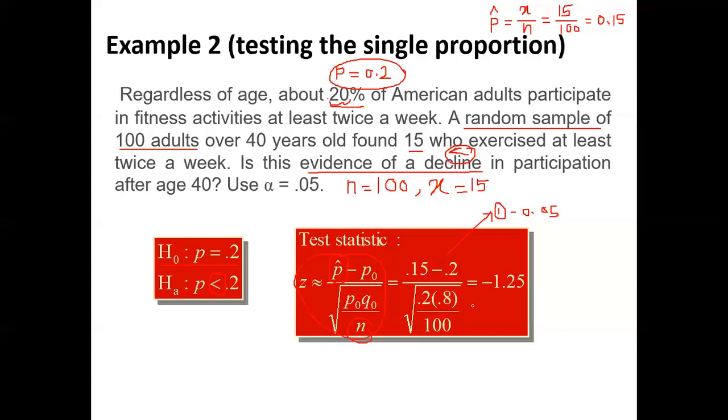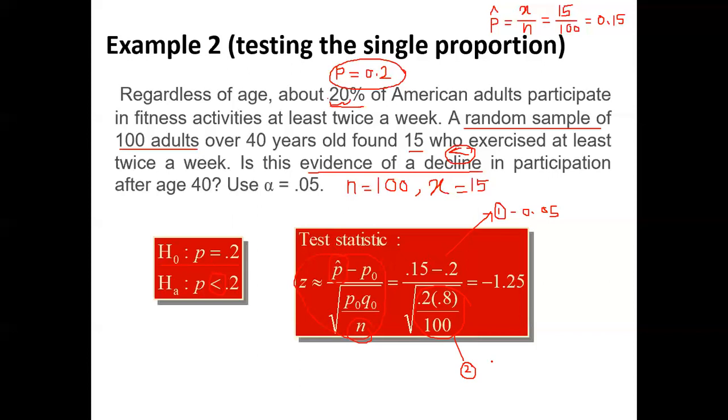And then the second step, you are going to calculate 0.2 times 0.8 divided by 100. So this is the second step of calculation. Then you will get the value.